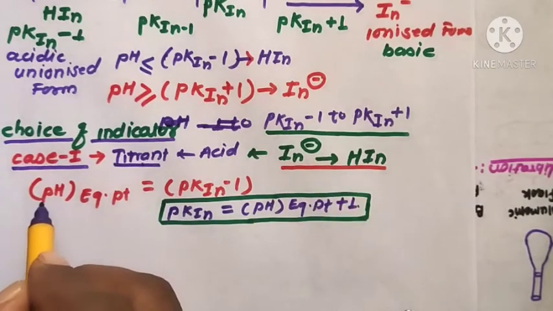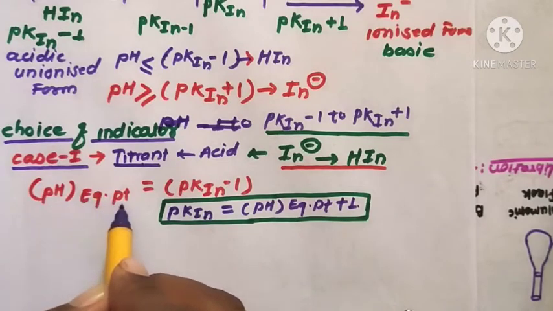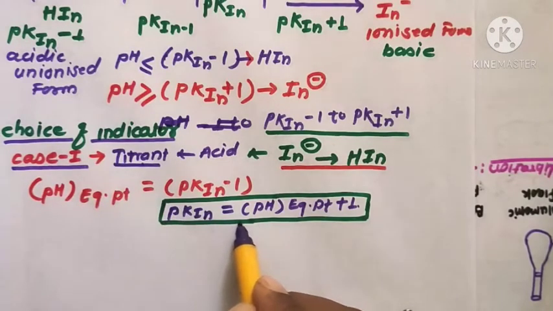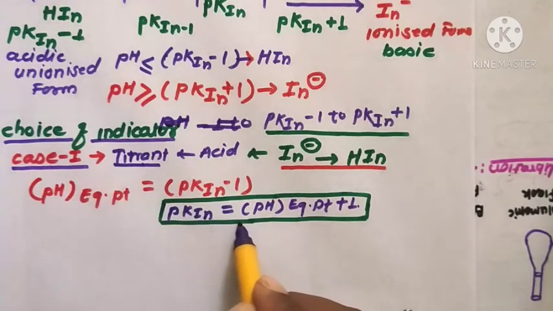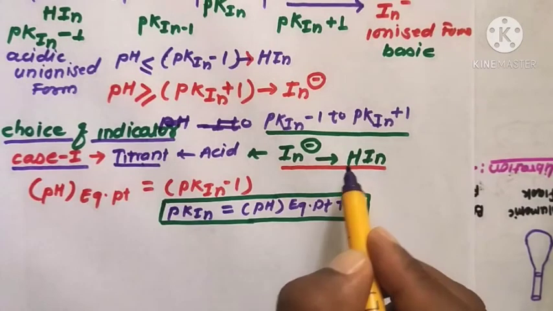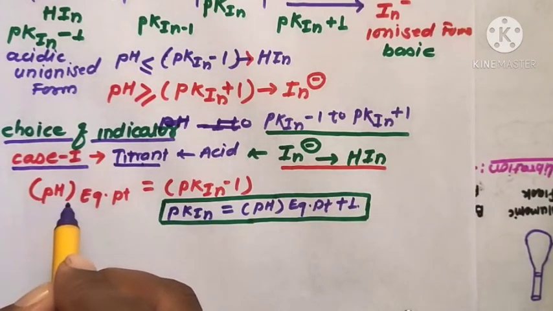In this situation, the endpoint color, that is the color due to HIn, will appear for the first time when pH is equal to pKin minus 1.